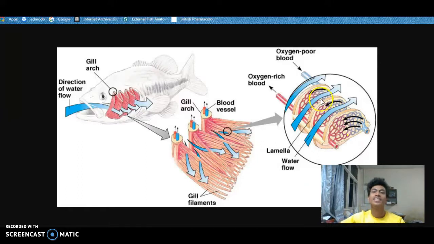It's opposite. The oxygen poor blood flow is opposite to the water flow, so that the oxygen will diffuse into the deoxygenated blood and become oxygenated blood. So it's very simple but very special. I'm very excited to know this.